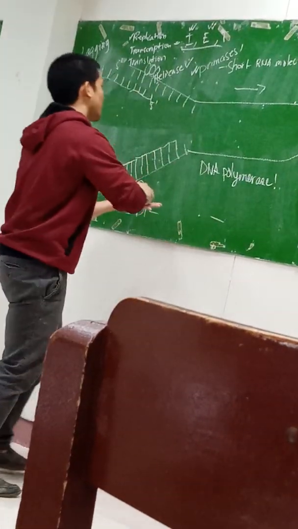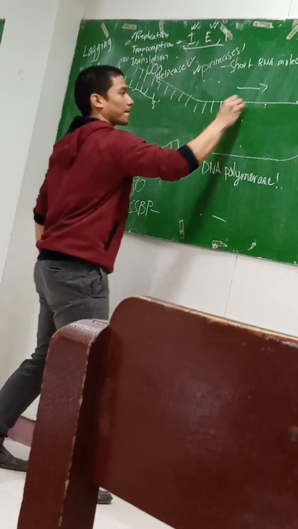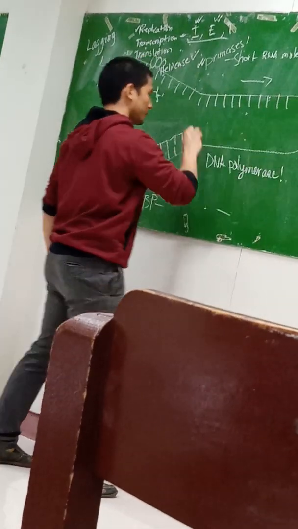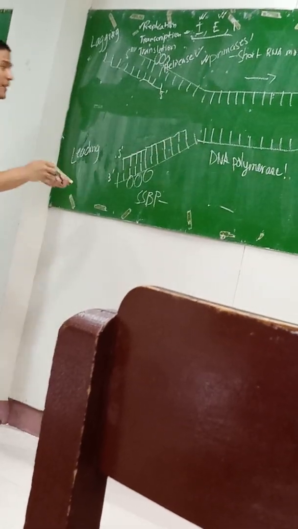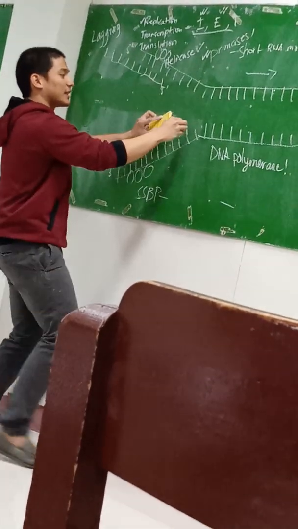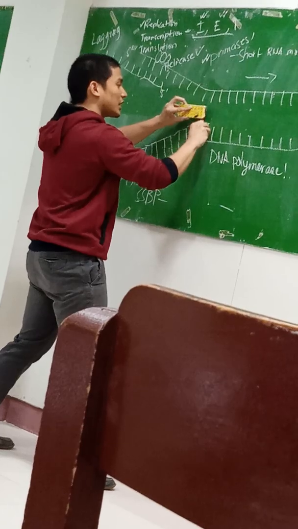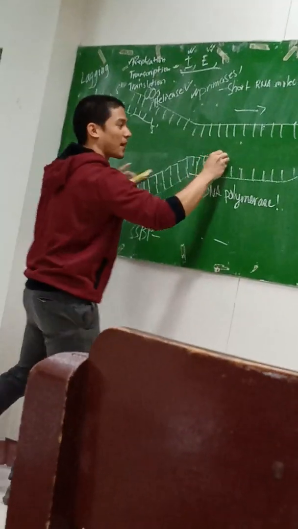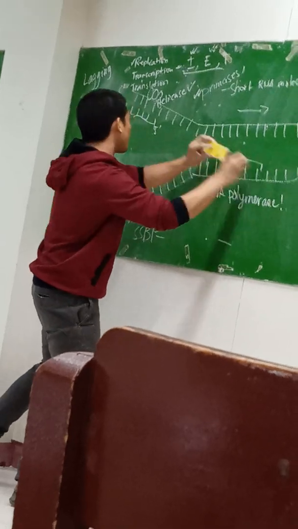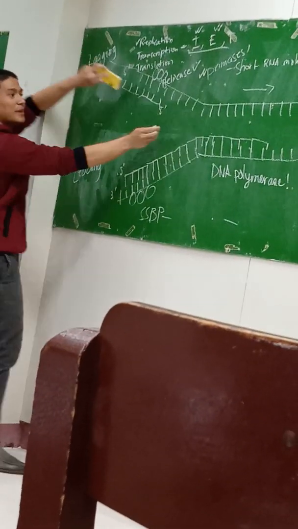So, ito, unzip DNA ito siya. So, in this specific strand, the direction of synthesis will be continuous. Tama? Because it runs in the 5' to 3' direction. Whereas this one, so ano mangyayari dito?